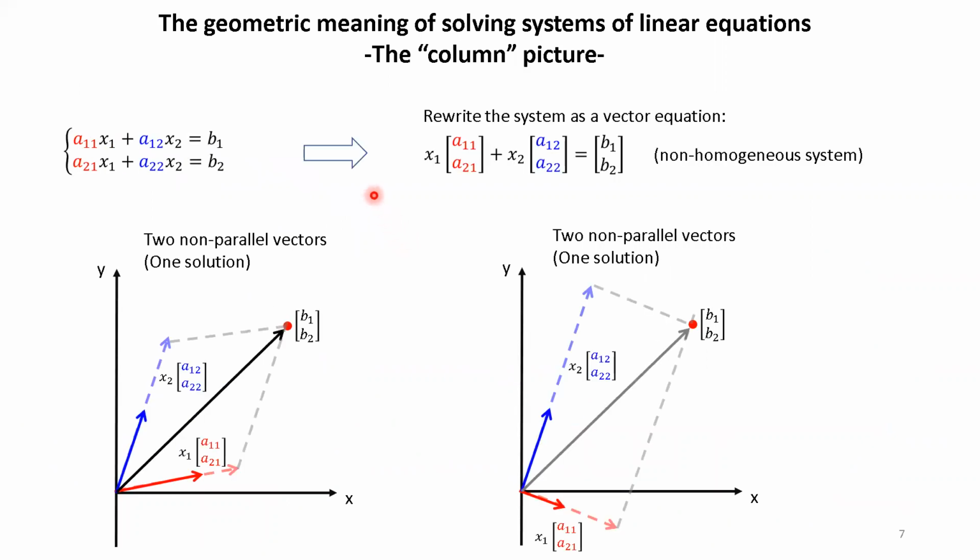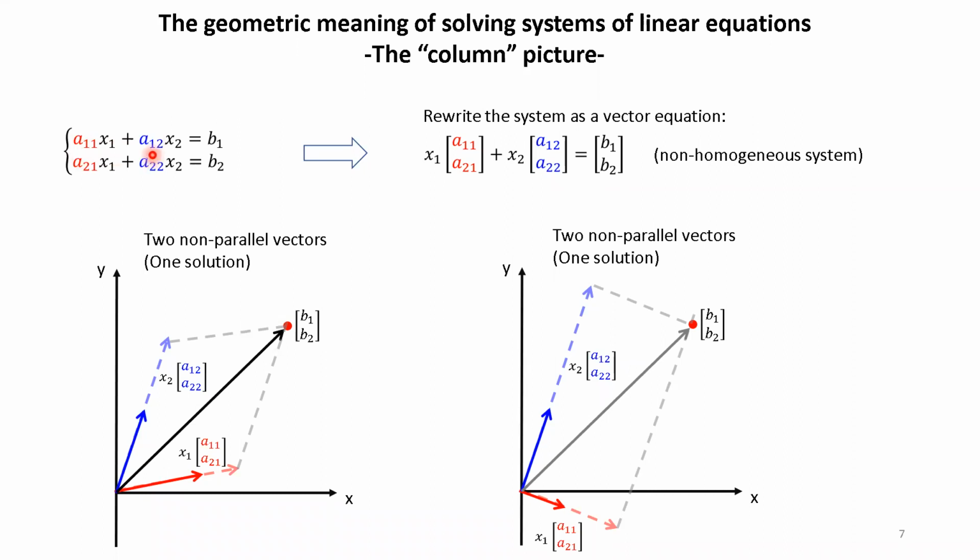Here, instead of treating a row of the system as a geometrical object, I'm treating this column with these two constants as a geometrical object, and these two numbers in the next column as the other geometrical object.